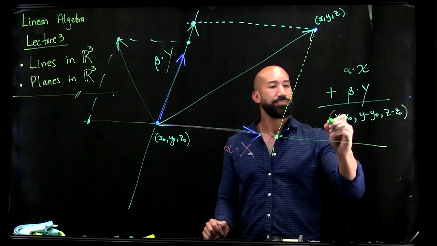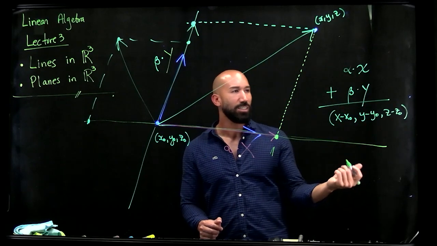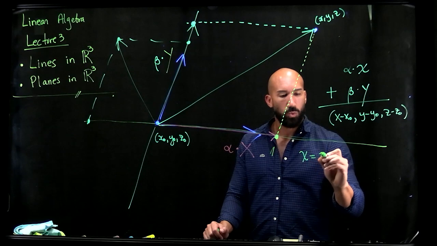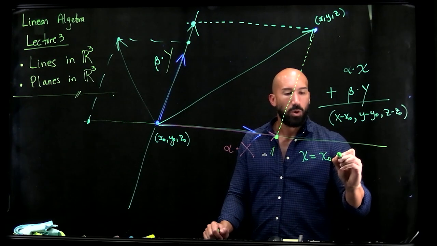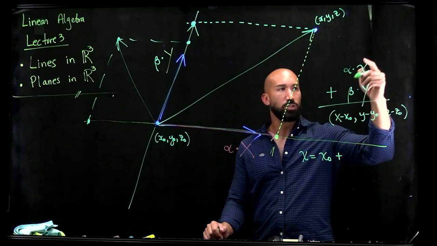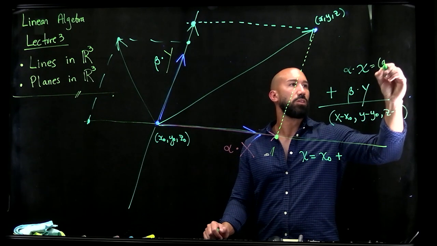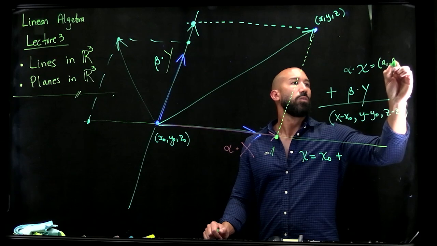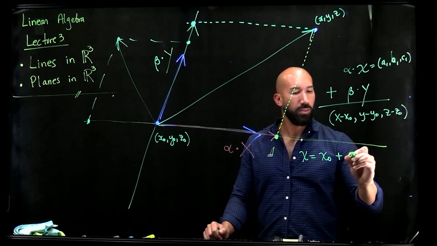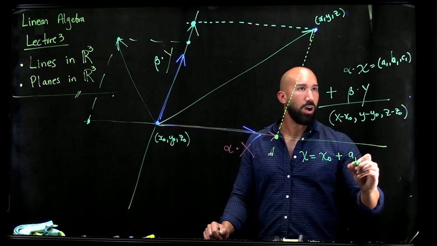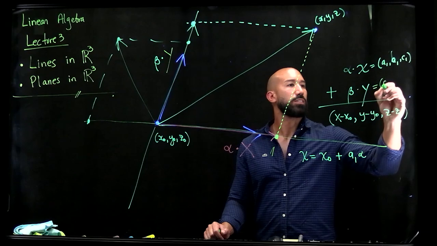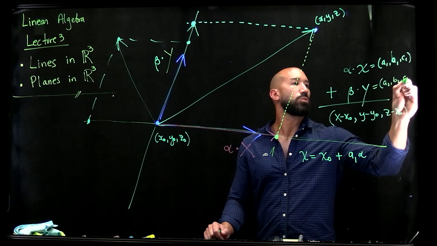minus z0. And what this is telling us is that the parametric equation of the plane is x equals x0 plus alpha times the first component of x. So I will use a1, b1, c1, so a1 times alpha. I will use y as a2, b2, c2.